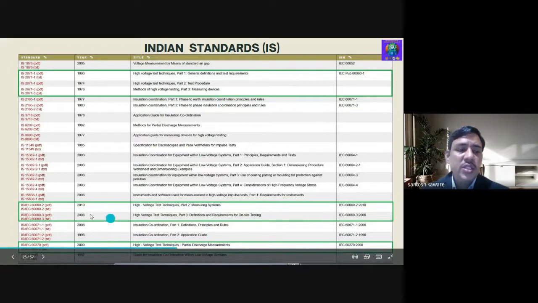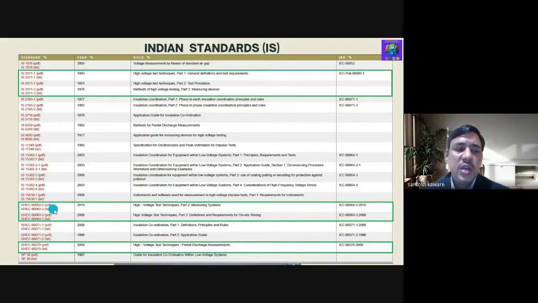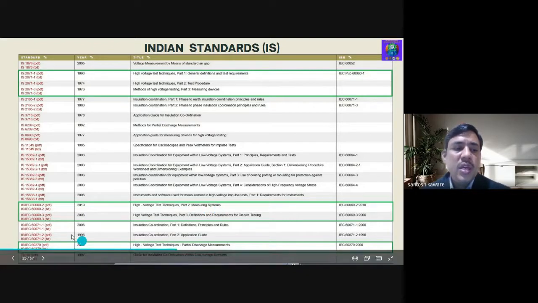Then we have another standard, that is IS or IEC 60060-2. It talks about high voltage test techniques part 2, that is measuring systems. Then we have IEC or IS 60060-3, which talks about high voltage test techniques part 3, in which definitions and requirements of on-site testing.